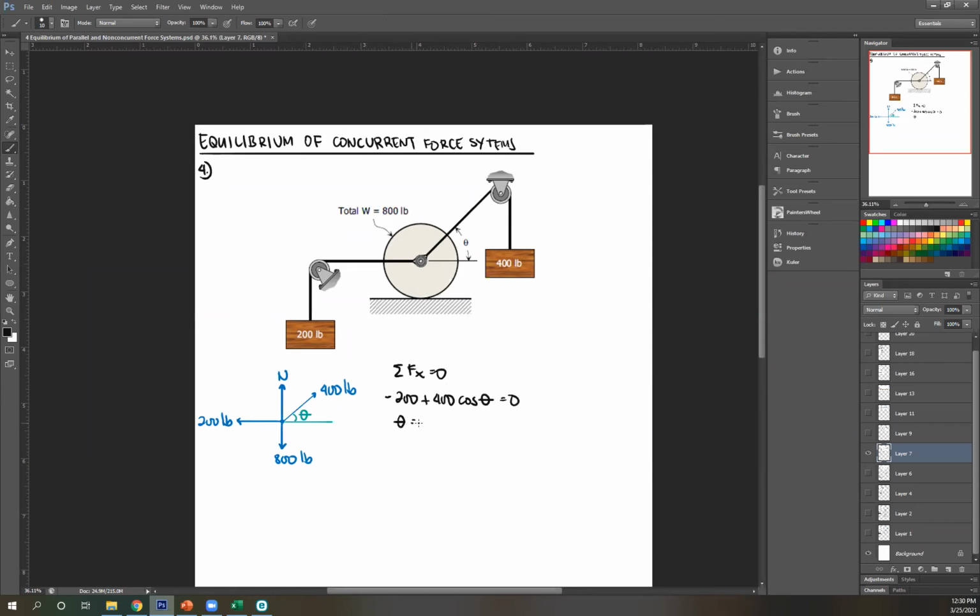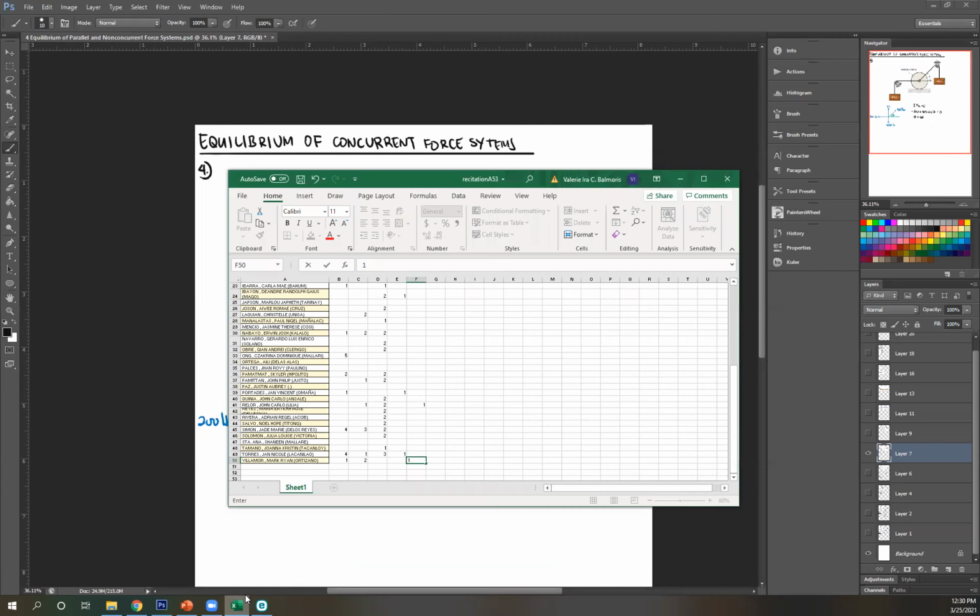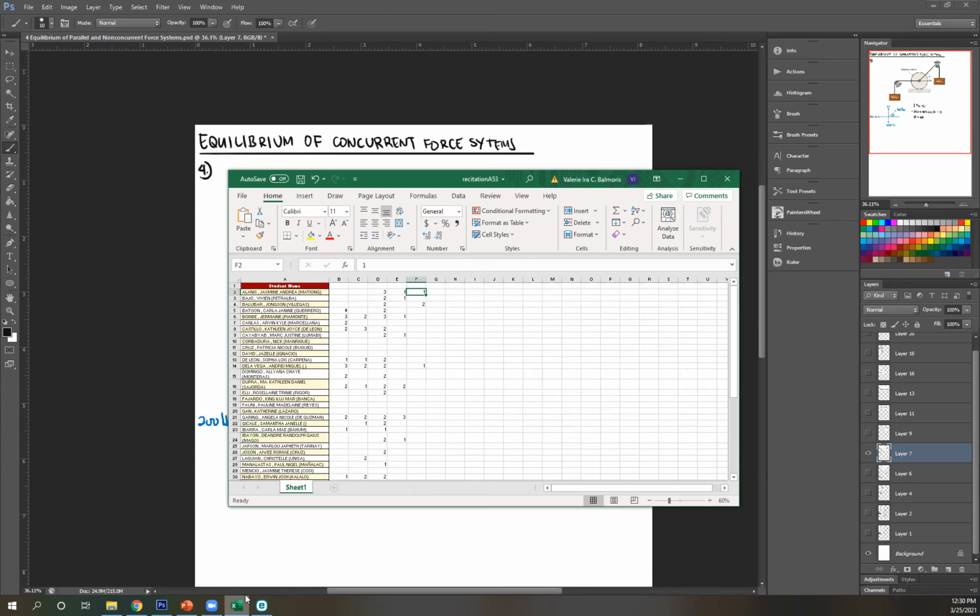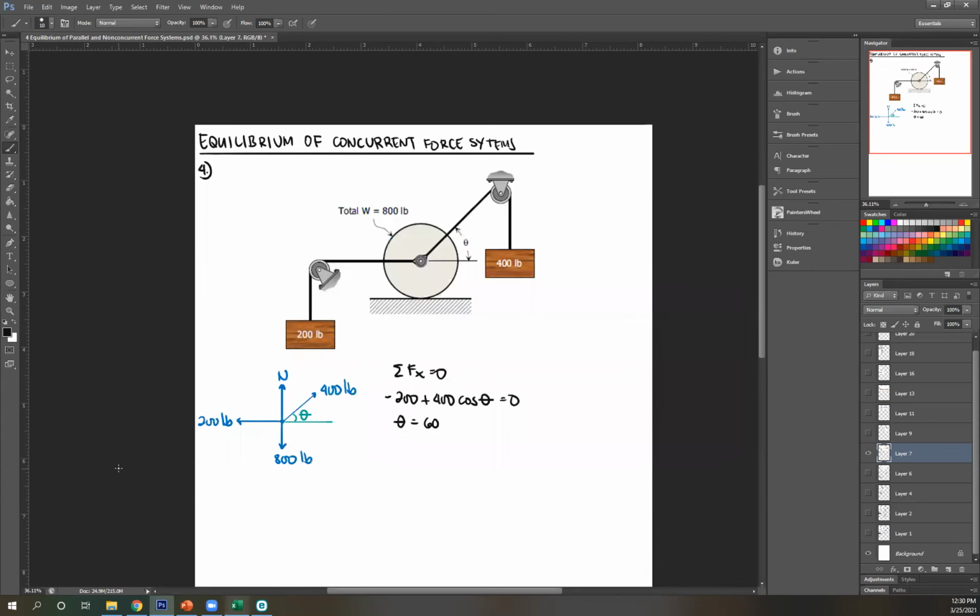So now I can directly solve for theta, which some of you already did. It is correct, 60 degrees. Very good. So Skylar and Kathleen. Okay, very good. So that's part A done.